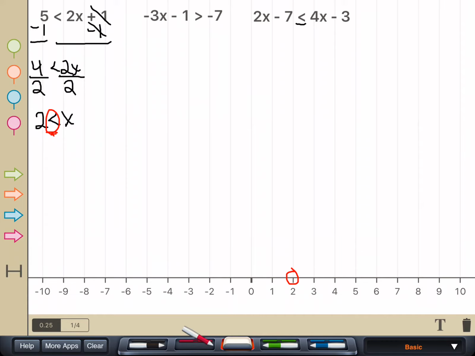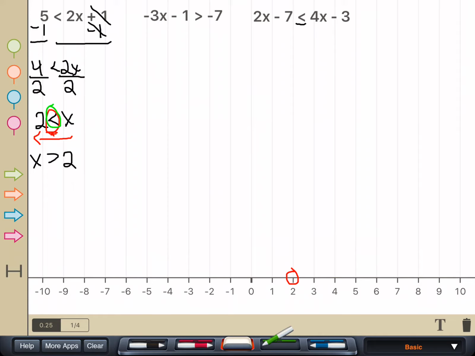So if 2 is less than x, then if we read this inequality backwards, we get an equal statement, the same statement. X is greater than 2. And we can actually flip this around and say x is greater than 2. Something I want you to be aware of here is that the inequality sign up here is open towards the x. When we flip the positions of the x and the 2, the open side of the inequality sign must still be towards the x, which means we flip it.